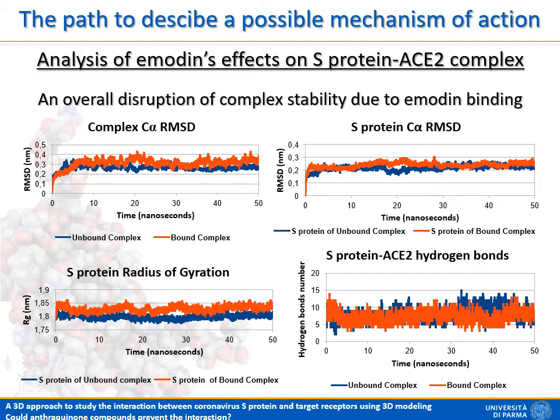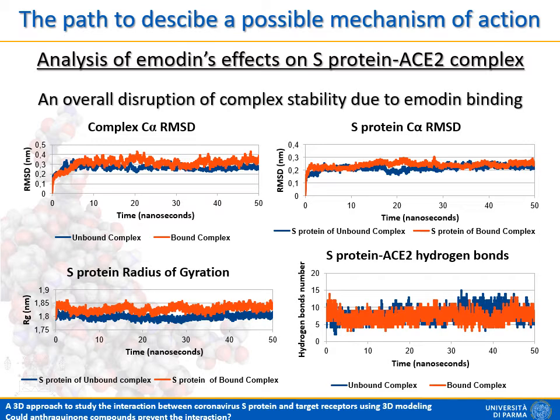So we also analyzed the possible effects of Emodin on the spike protein-ACE2 protein complex. And just to make a long story short, what we saw was that also in that case, Emodin was able to reduce the geometrical stability of the protein-protein complex.